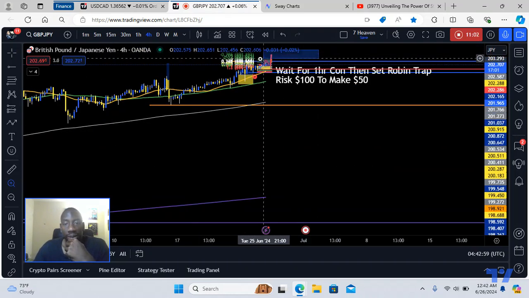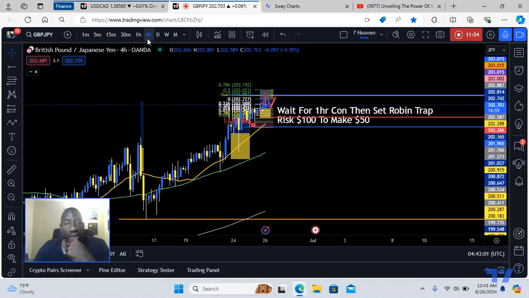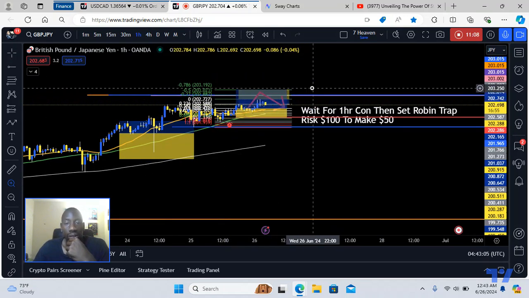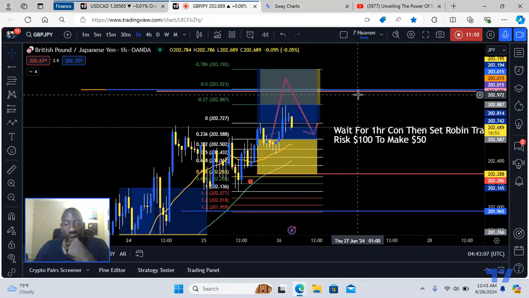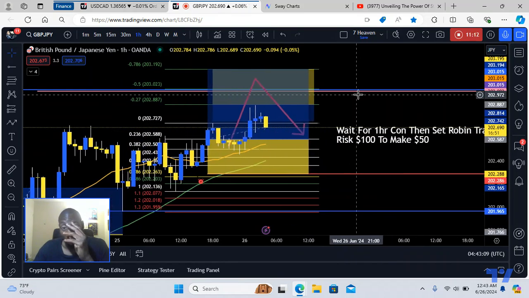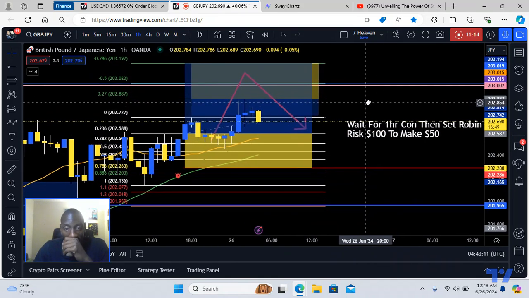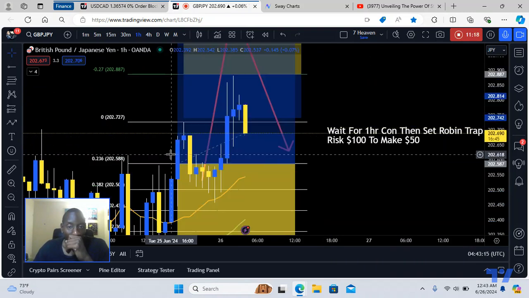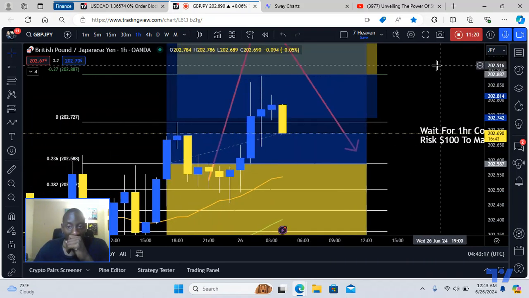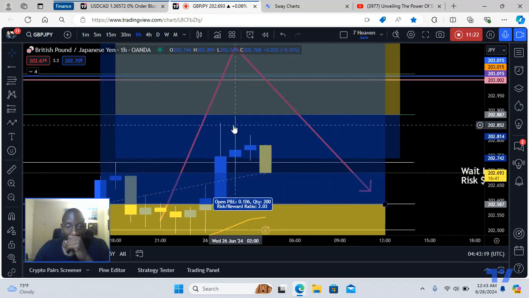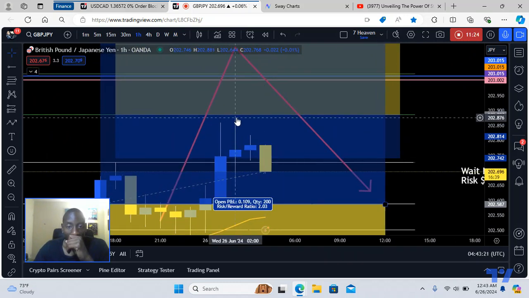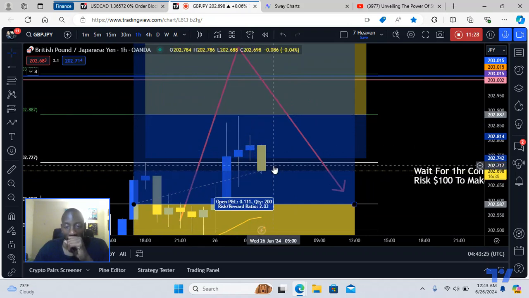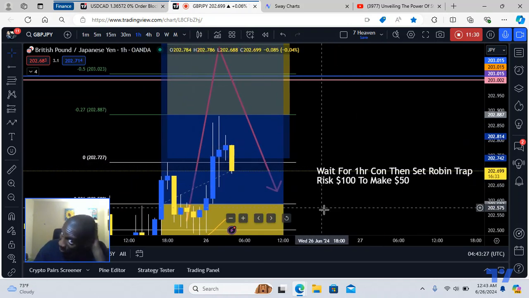GBP JPY. Let's go to the 1 hour. It's another setup. Oh, we came close there. It missed us. You can see here, it came so close to entering us in, and then it came smacking down. It was giving us exactly what we wanted.